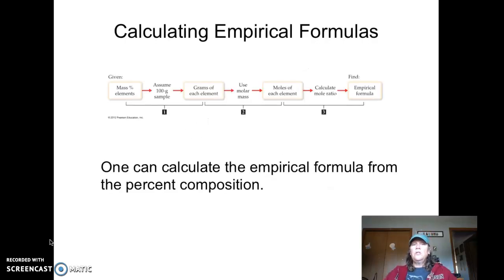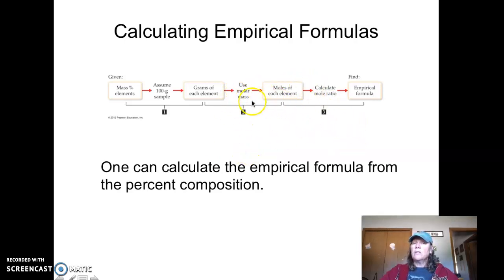When you do that, what you do is you get the mass of the elements. You either get it in grams or you get it in percent, it doesn't matter. Then you need to find the moles. And to do that, all you have to do is divide by their mass from the periodic table. And then once you get that, you calculate a mole ratio. What a mole ratio is: you find the smallest of these numbers, put that on the bottom, and you divide each individual by that.